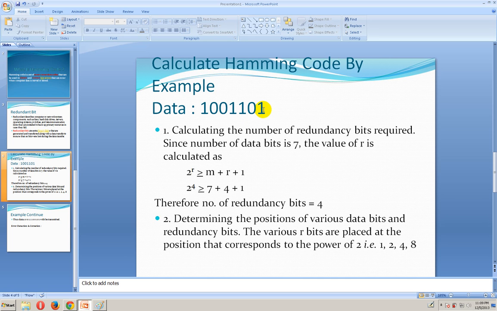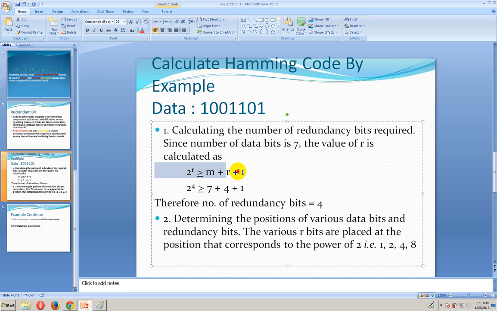So the first thing we need to do is calculate the redundancy bits, which depends on this data value. We already know it is 7-bit data. So the value of r is calculated by this equation.